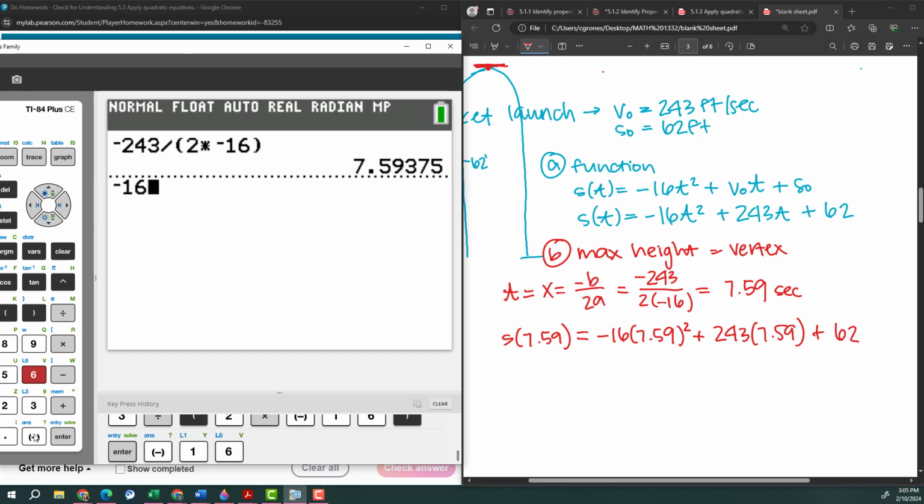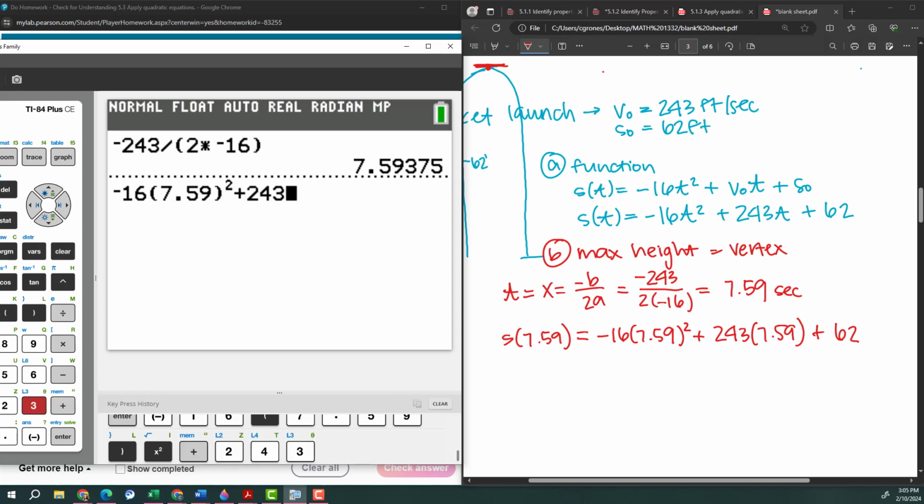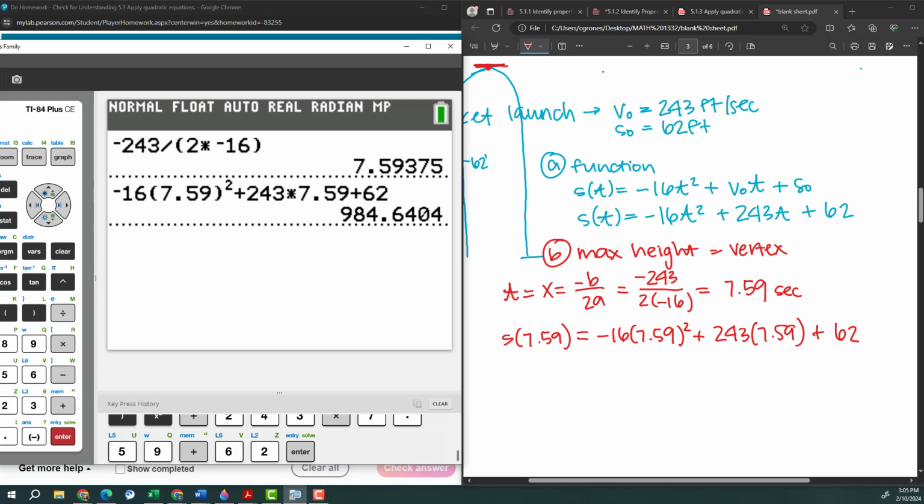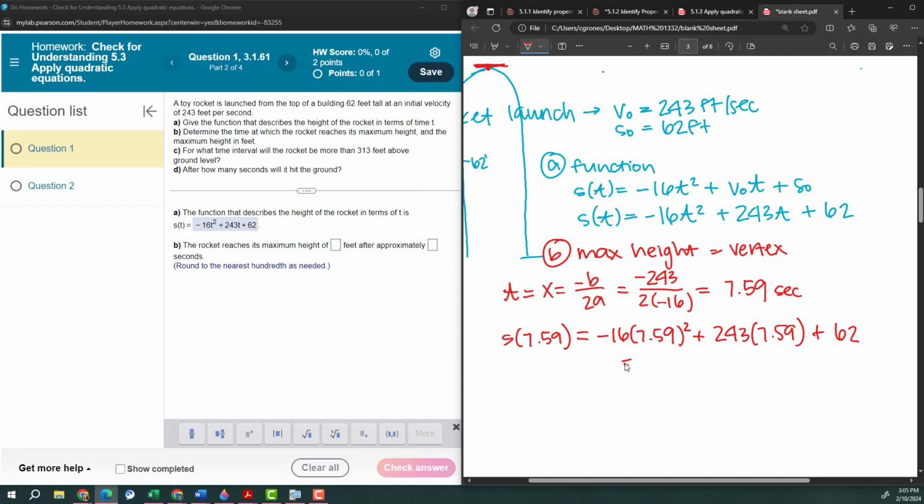Negative 16 times 7.59 squared plus 243 times 7.59 plus 62 gives us 984.64. So this is going to be our height.